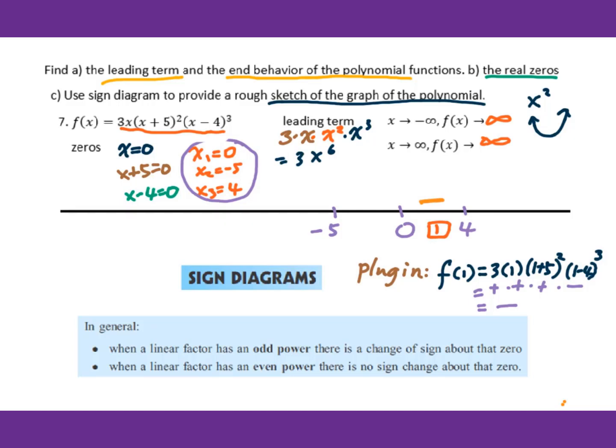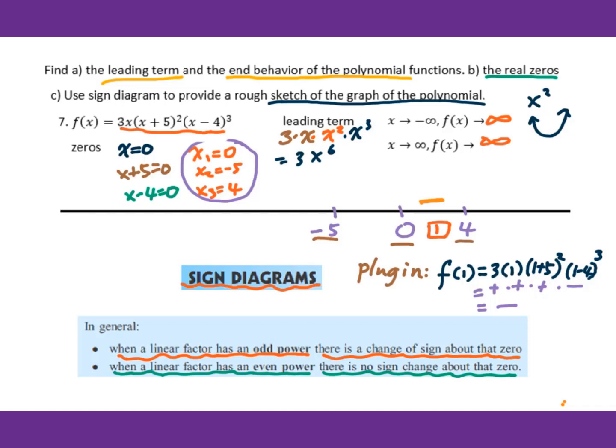And how to label the sign for neighbor intervals? Here's the rule for sign diagrams. When a linear factor has an odd power, there is a change of sign above that 0. When a linear factor has an even power, there is no sign change above that 0. We know -5, 0, and 4 are all zeros.